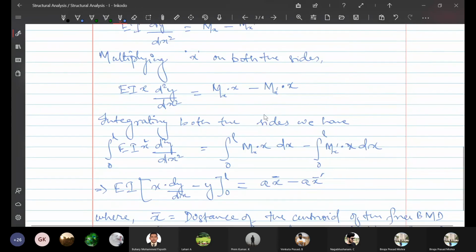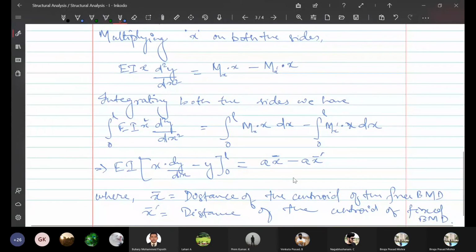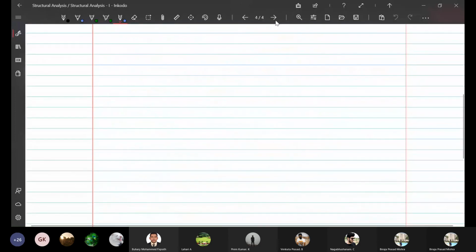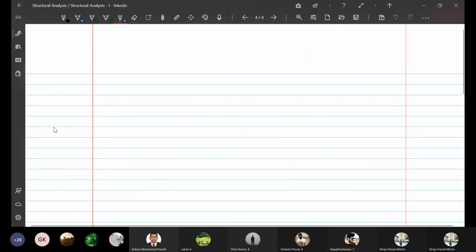As I said earlier, now we will put the boundary conditions. As I told earlier, at x equals 0 and y equals 0, we have dy by dx equals 0. And at x equals L, y equals 0.